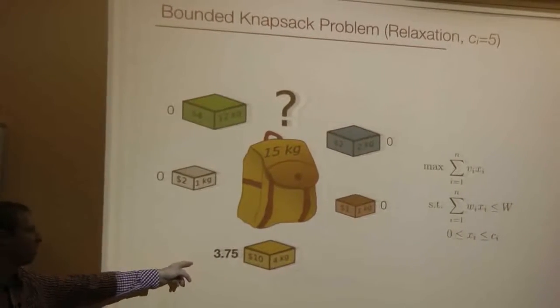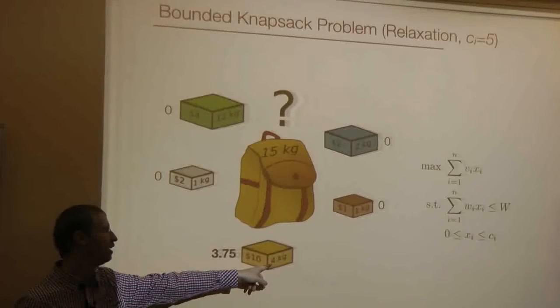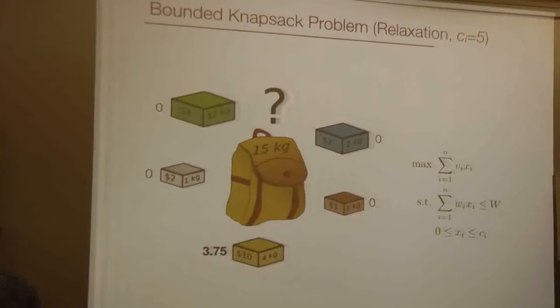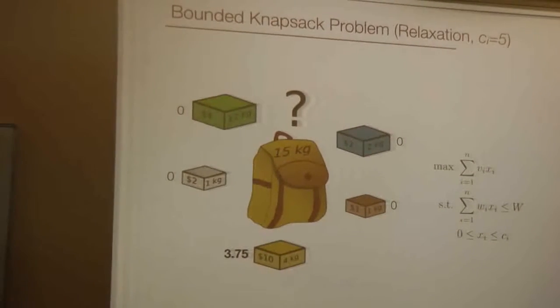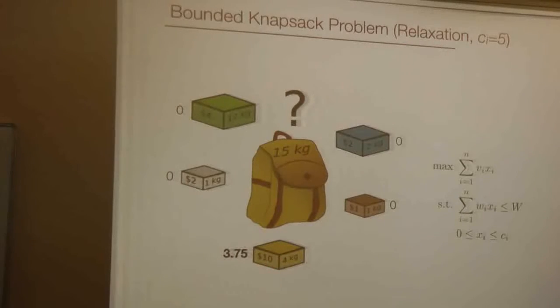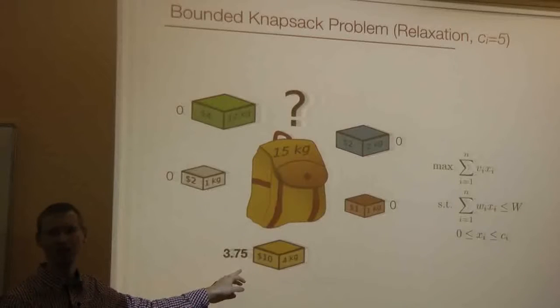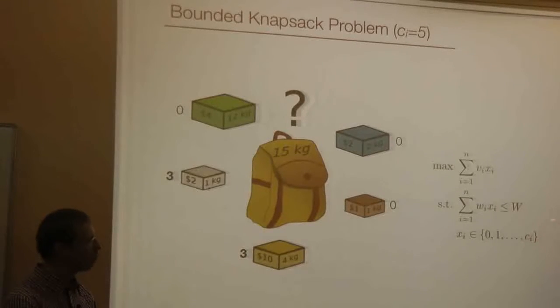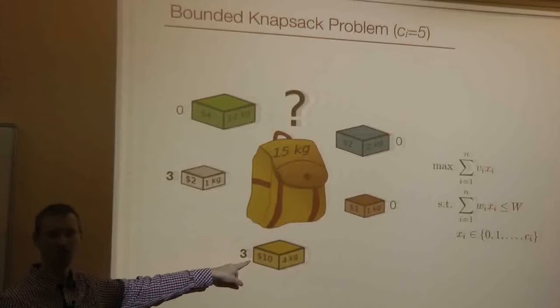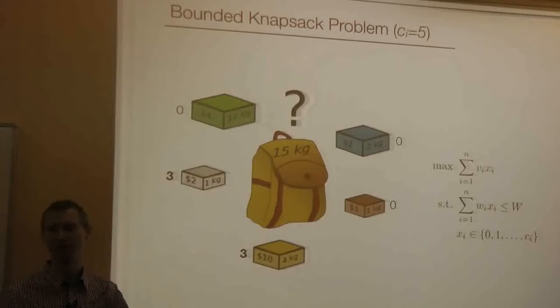Actually, 3.75 times 4 is exactly 15. So we are maximizing the weight, and we are also maximizing the value. However, we see that this result is not integer feasible because this value here is not an integer. So actually, the optimal solution for the integer optimization problem is 3 pieces of this item and 3 pieces of this item here.